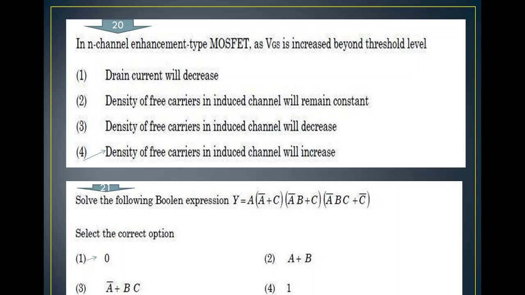So the correct option is fourth, that is, in an N-channel enhancement type MOSFET, as VGS is increased beyond threshold level, the density of free carriers in induced channel will increase.